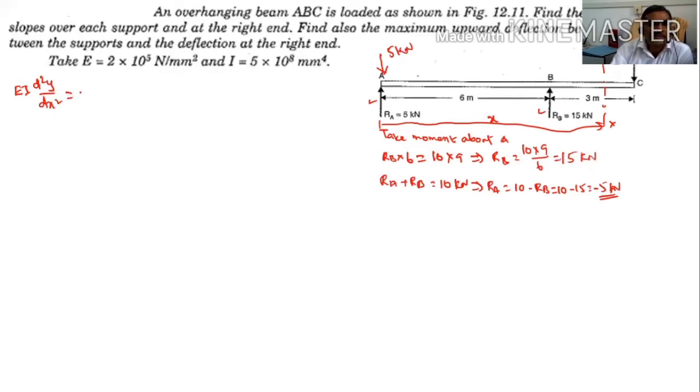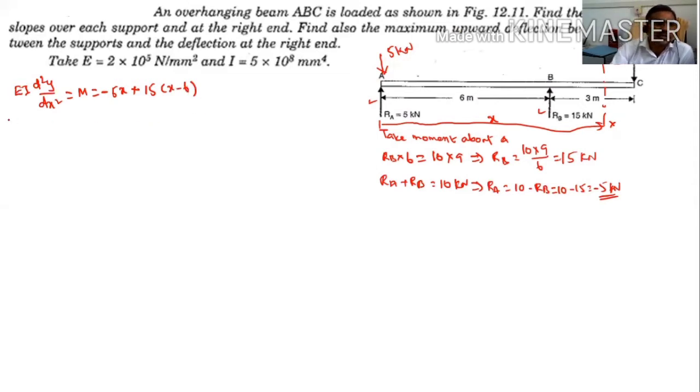The 5 kilonewton acts in the downward direction, so it creates a counterclockwise moment, that is minus 5 into x. Then here we have an upward load, which is clockwise, so plus 15 into x minus 6. So this is the moment equation.